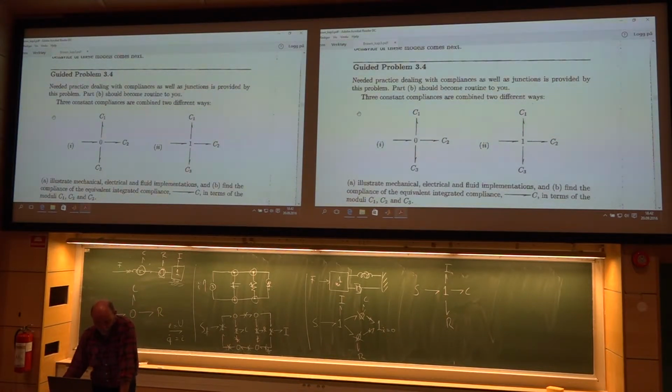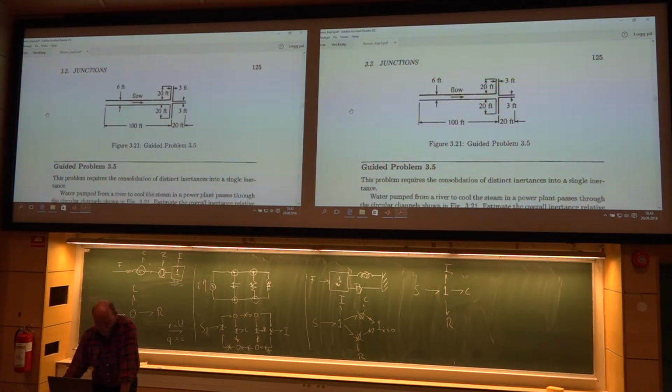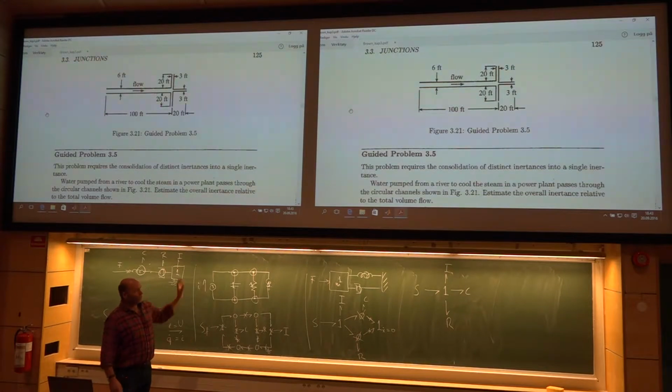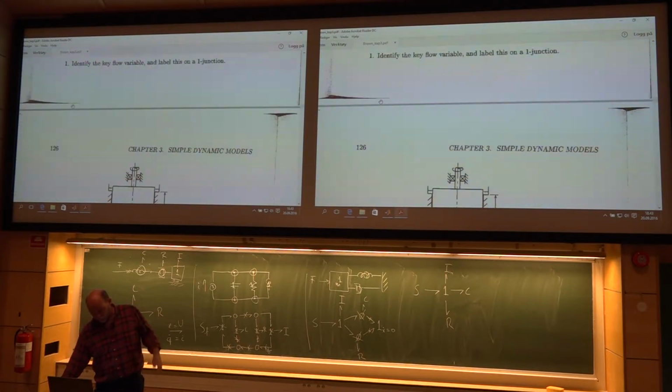Exercise 4, that is actually an important exercise. There you will be given a whole bunch of different small cute little problems from all the different energy domains: fluid, electric, mechanical, and then you have to do the entire bond graph for all of them.